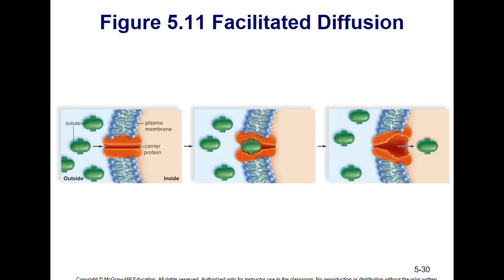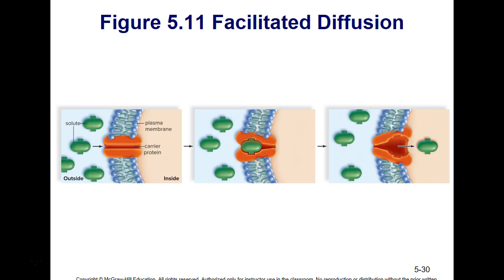Moving on. This right here, facilitated diffusion, I'm not sure if this is on your test or not, but facilitated diffusion, guys, requires some type of protein in order to go across the membrane. As stated earlier, you're going to have the assistance of a channel protein.